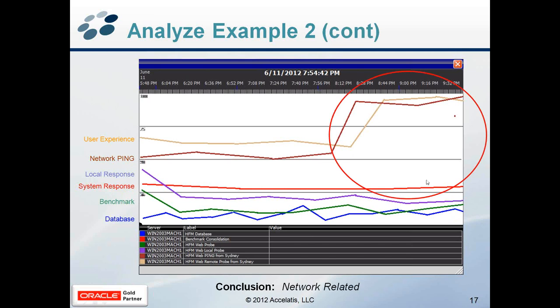From this, we may make the quick conclusion that there's a problem with the network. So if you were looking at this example, you might not jump into looking at the Hyperion infrastructure, because if you were sitting locally, Hyperion is still responding as we would expect. In this case, it looks like there's something going on with the network.